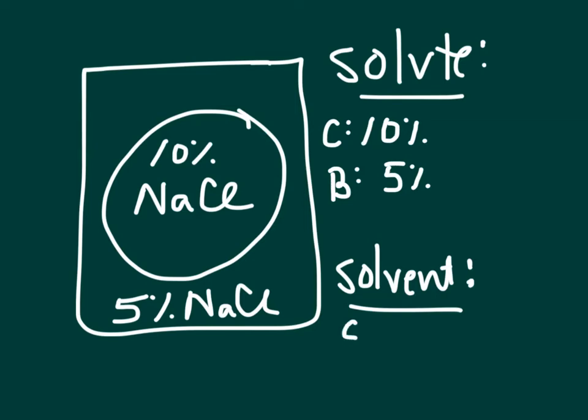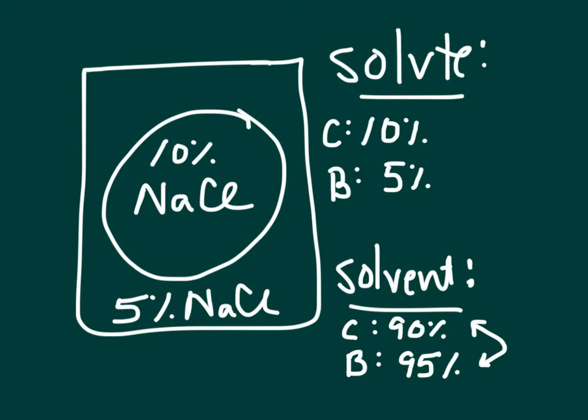Inside the cell is 90% water. We're just, remember, adding up the concentration of sodium chloride and the concentration of water. It should equal 100. So 100 minus 10 is 90. Inside the beaker, it's 95% water. Water is going to be the thing that crosses the membrane here.